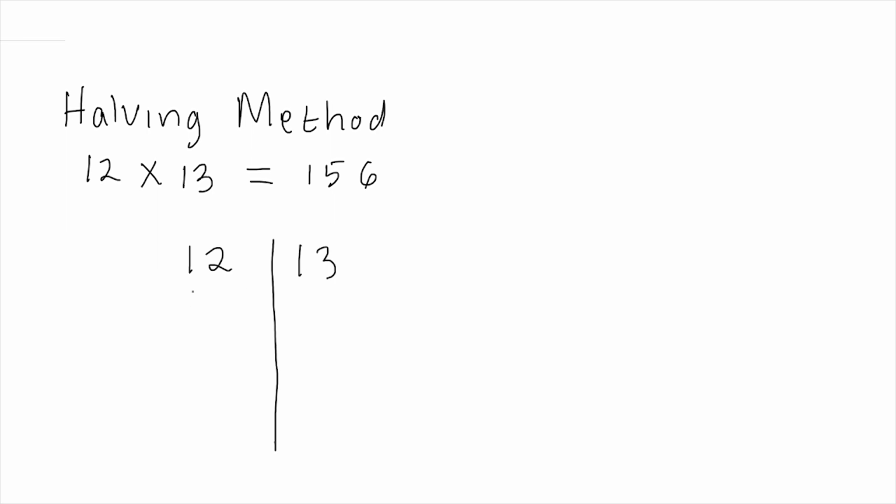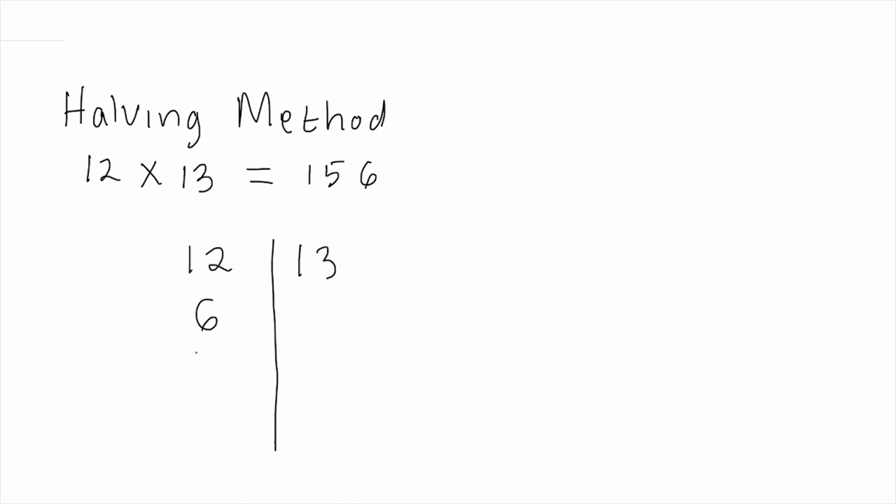We have the same problem, 12 multiplied by 13. We know that it equals 156. Now we're going to use the halving method. The first step is we write 12 and 13 on separate lines. Next, we half 12, which equals 6.